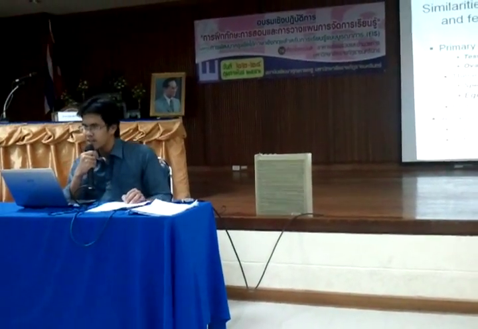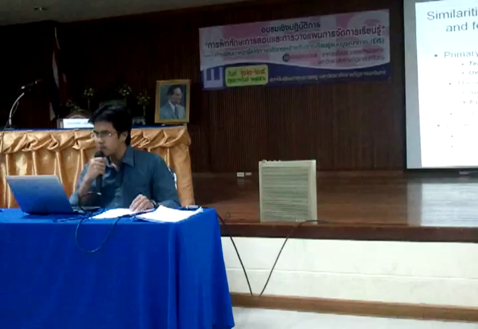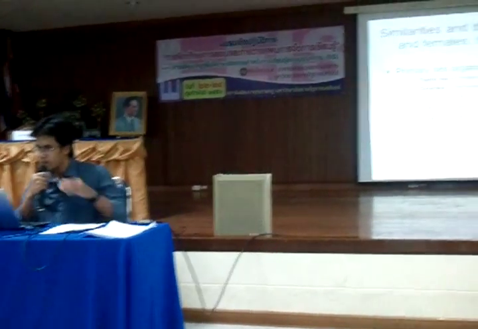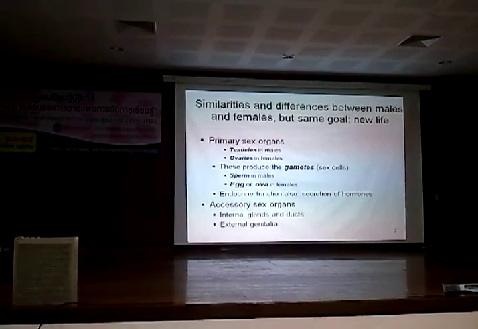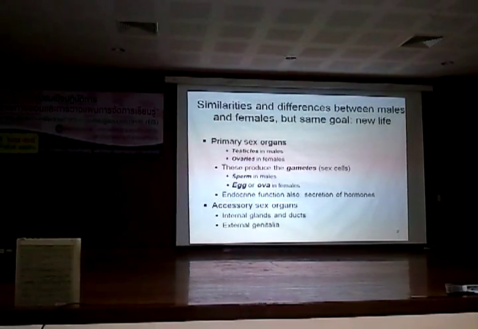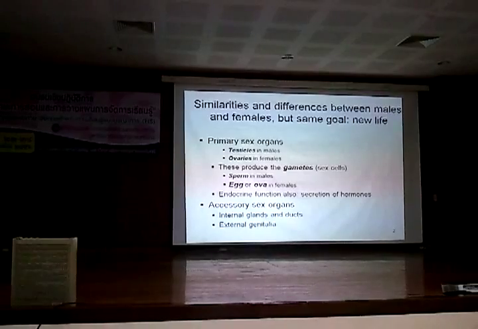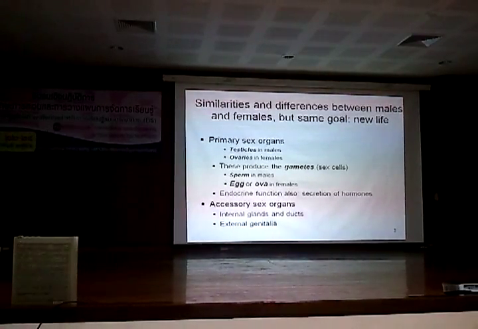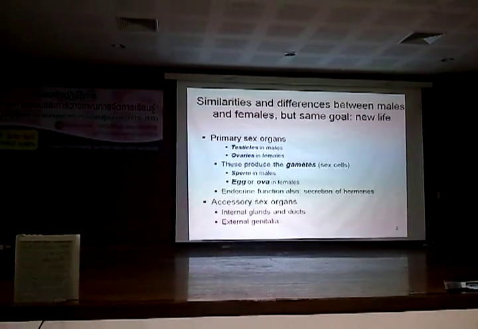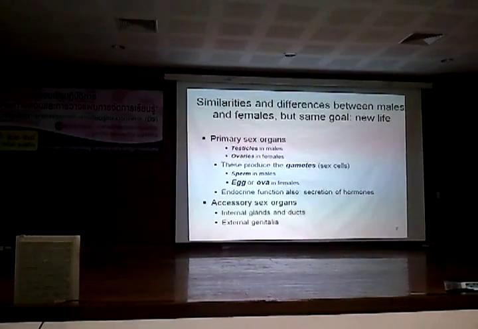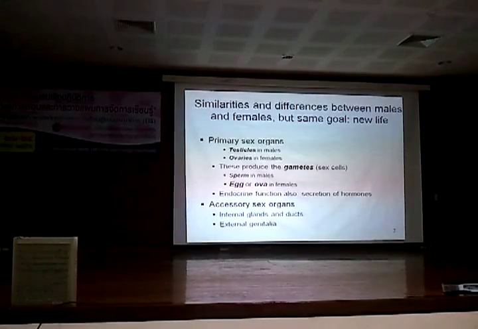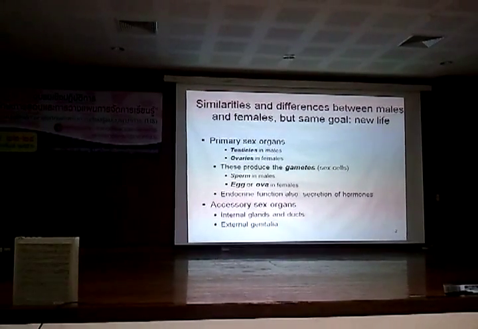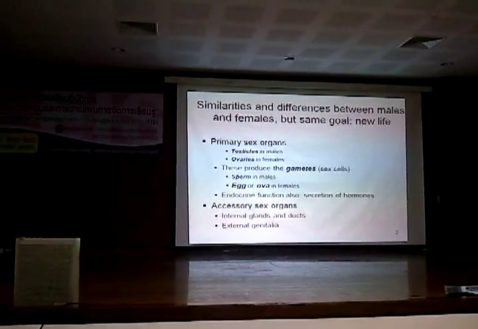We will talk about the primary sex organs. The primary sex organ is the testicle in male and the ovary in female, right? The goal of these organs is to produce gametes, or sex cells. The sex cell in male is sperm, and the sex cell in female is the egg or ova.